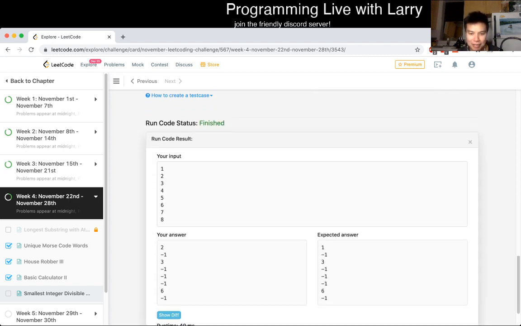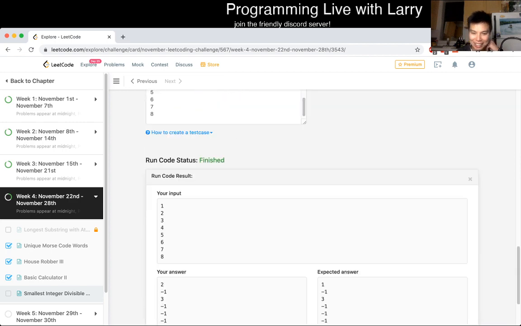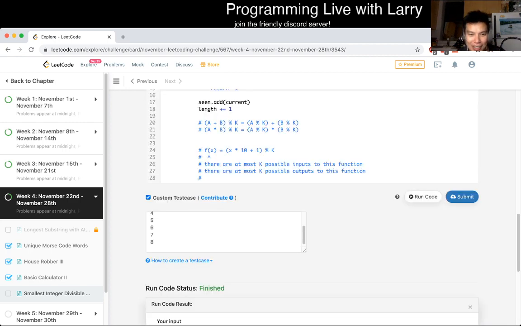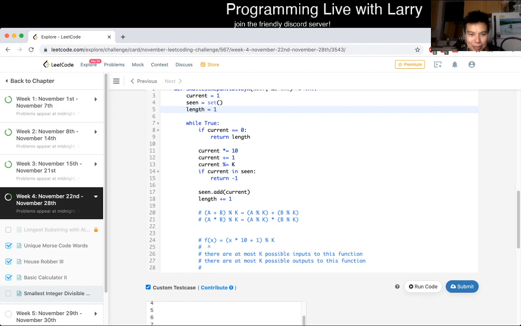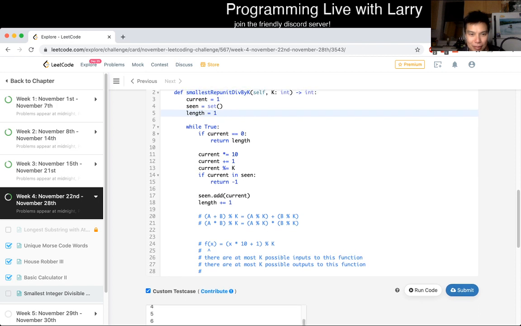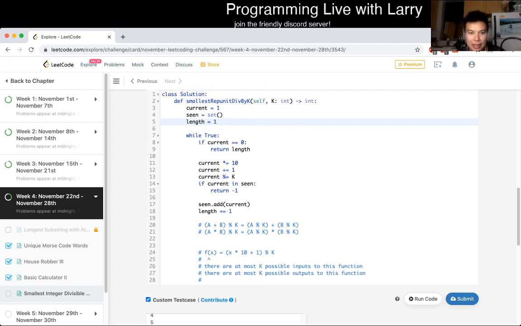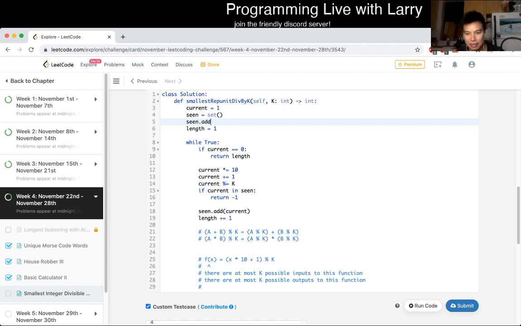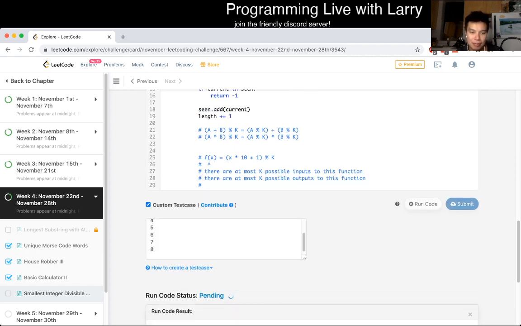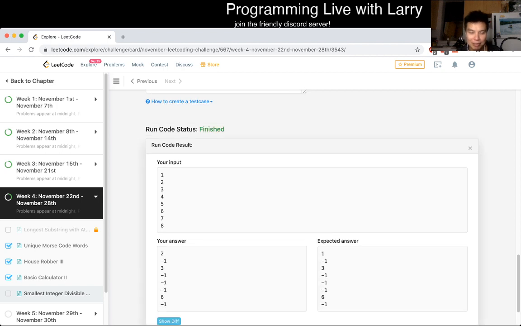Oh, did I? Wow, what am I doing? I have a lot of off by 1 issues, even though I got the algorithm right. Oh, because we don't add 1 to seen. Okay, there we go. Maybe now.